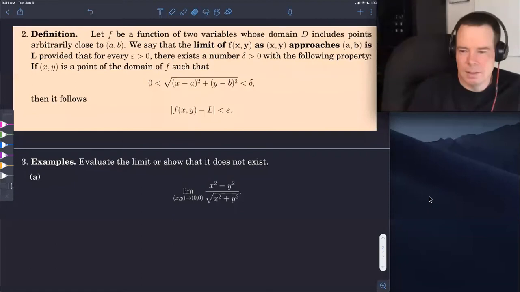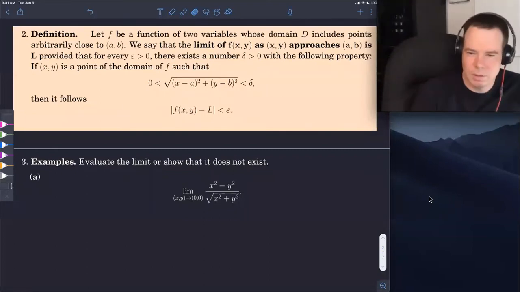We say that the limit of f(x, y) as (x, y) approaches (a, b) is some value L, provided that, and here's where things get a little more formal and complicated in terms of what this means, but we'll draw a picture and get an idea for it.